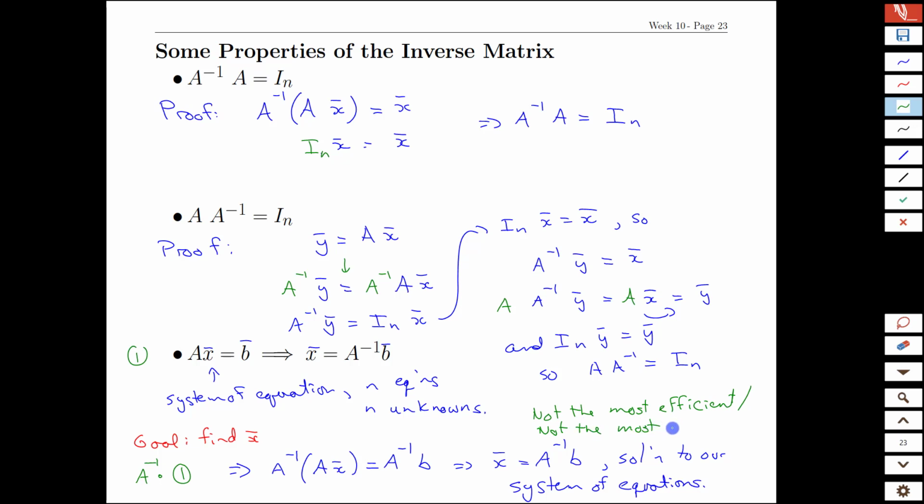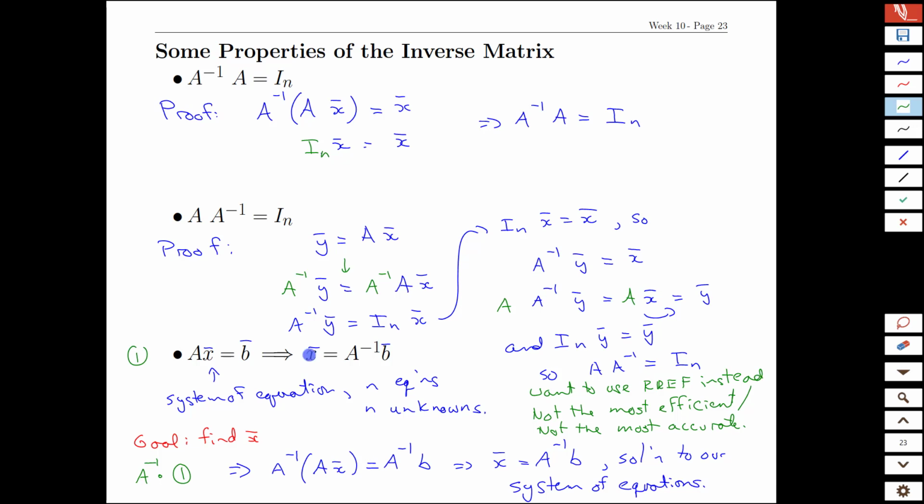It's something a little subtler than that, but it's the most prone to round-off error and some other things. So really, you're going to want to use RREF most of the time instead.